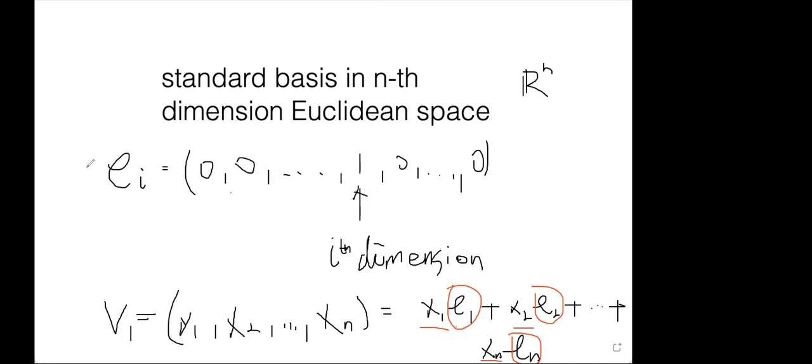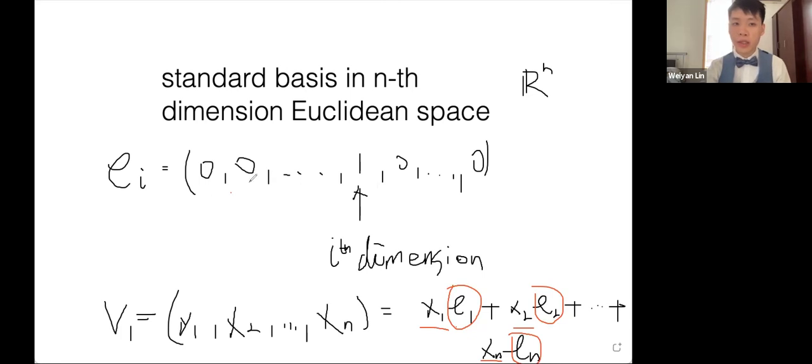Yeah. So this is the standard basis specific to the ith dimension. So the set of all standard bases consists of all the ei, where i is from 1 to n.